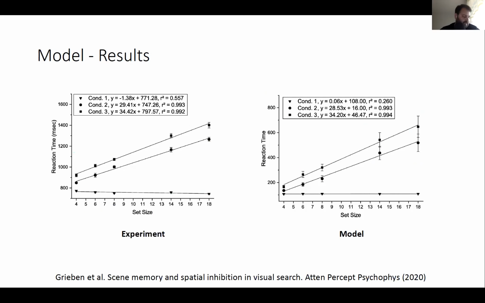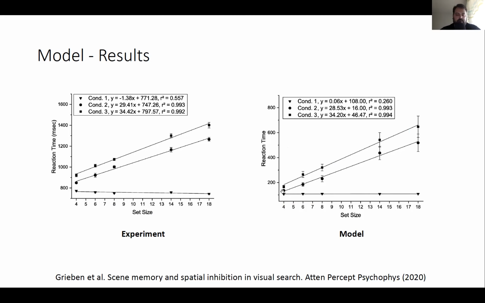Okay, here are the results of the model. As you can see, the model is able to explain this change in the slope, and also the change in the y-intercept.